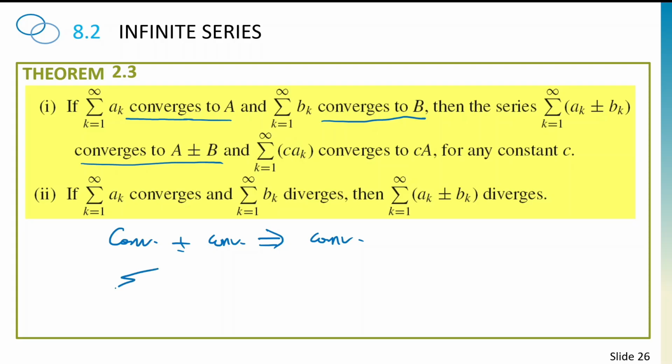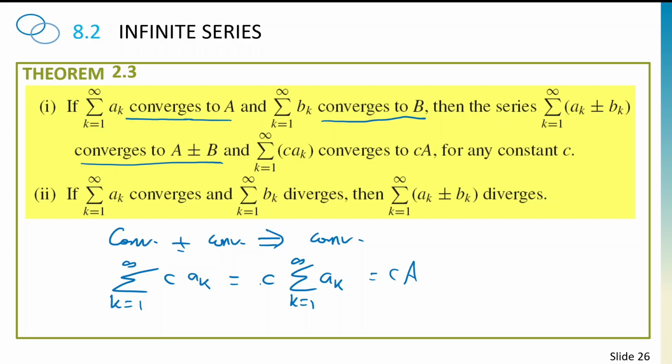So if I have the sum of c aK from K equals 1 to infinity, I could always take this c outside. It's a constant, it's not related to the index. And if this converges to A, let's say, the overall will converge to cA. So the constant doesn't change anything.